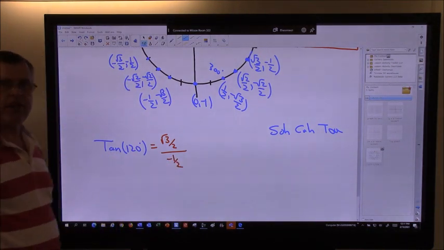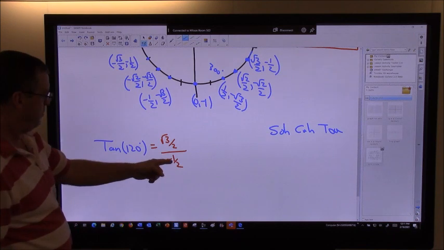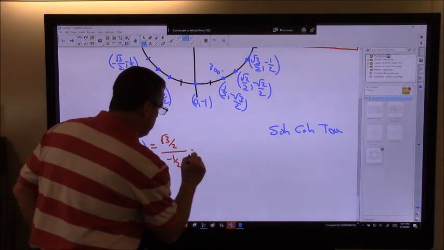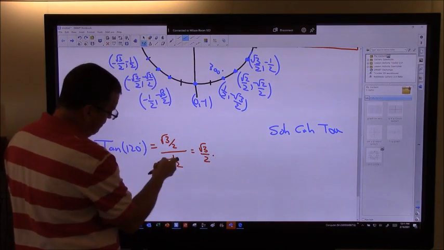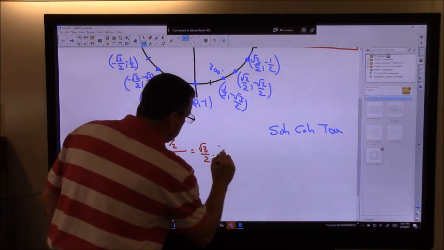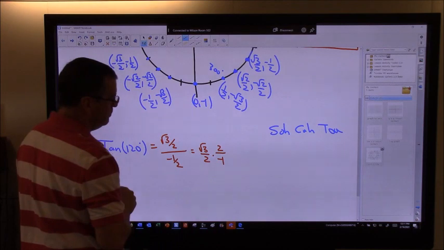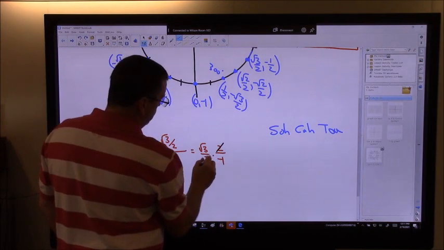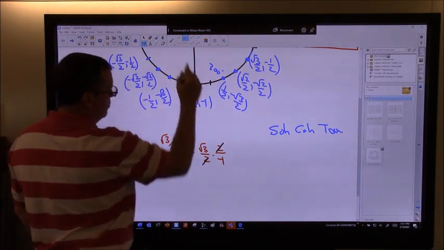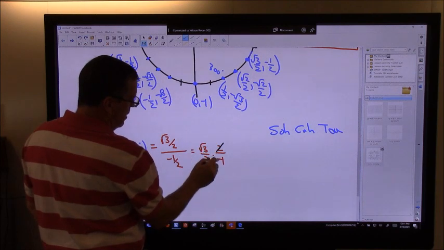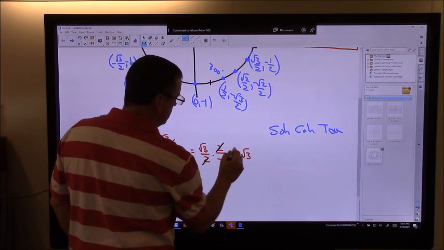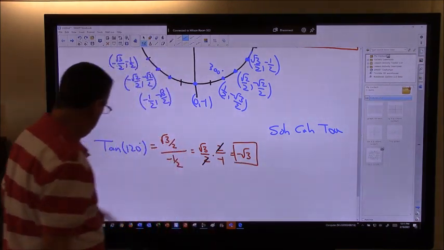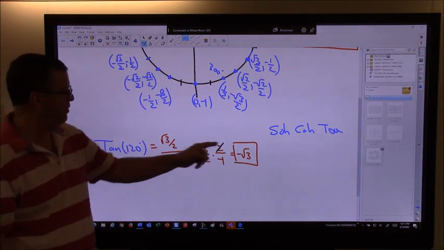And then how do you divide by fractions? Well, you got to flip it over and multiply. So this really equals root 3 over 2 times, if I flip this over, I get 2 over negative 1. Those 2's will cancel. And so what I get is this divided by a negative 1, which is just a negative root 3.